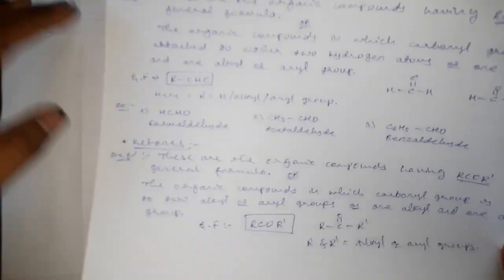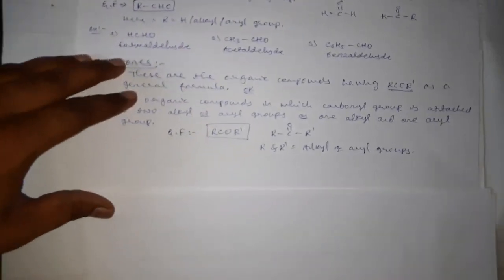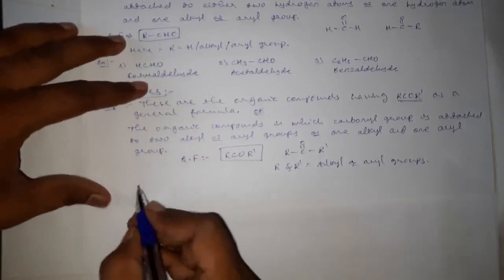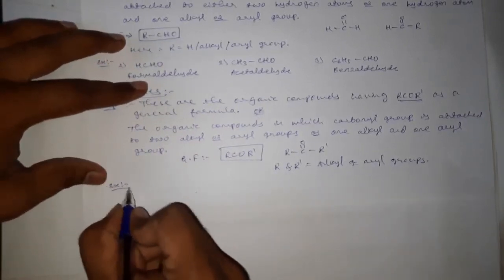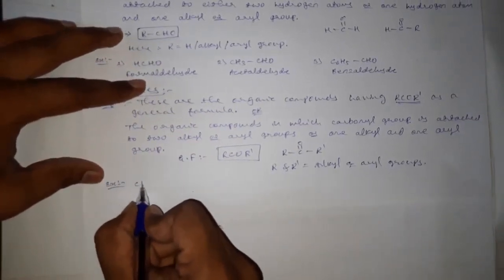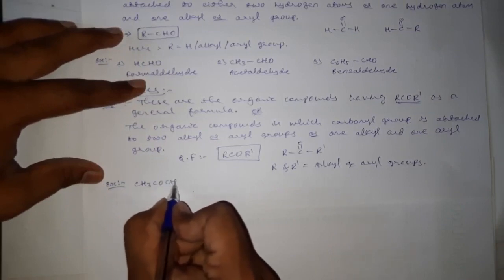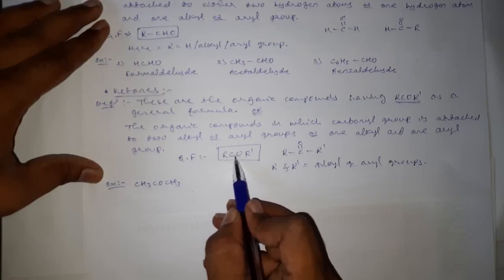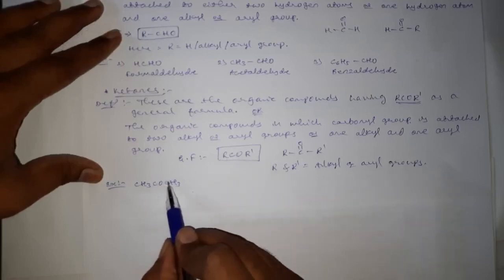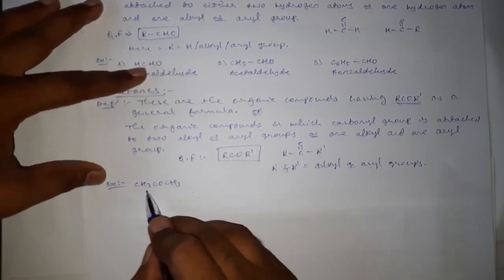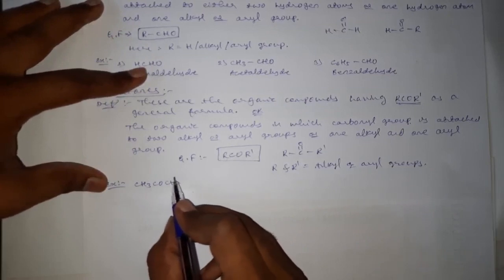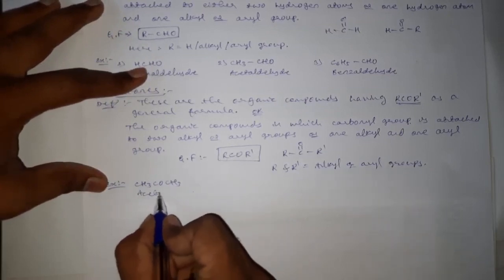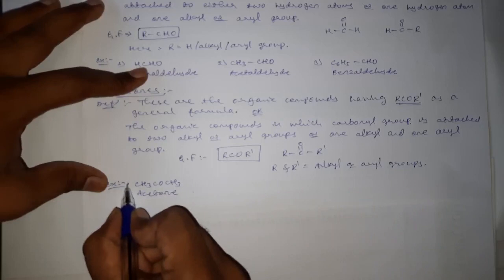Then now we have to discuss the examples for ketones. See, we can write the examples for ketones: CH3COCH3. Okay, this is of the type RCOR dash, and here both the substituents are alkyl and its name is acetone. Okay, first example.